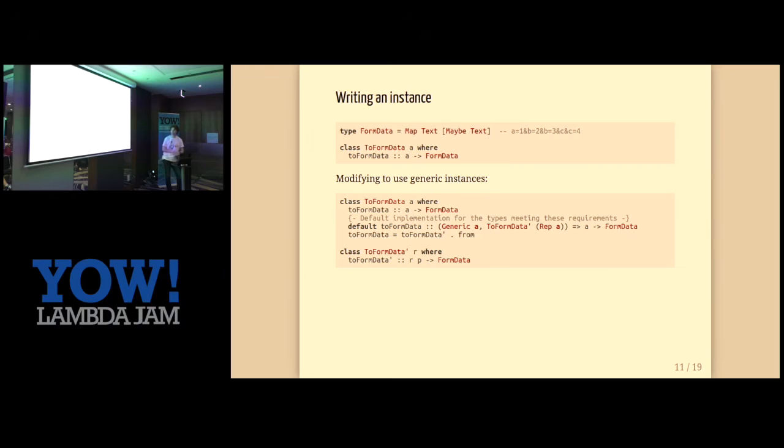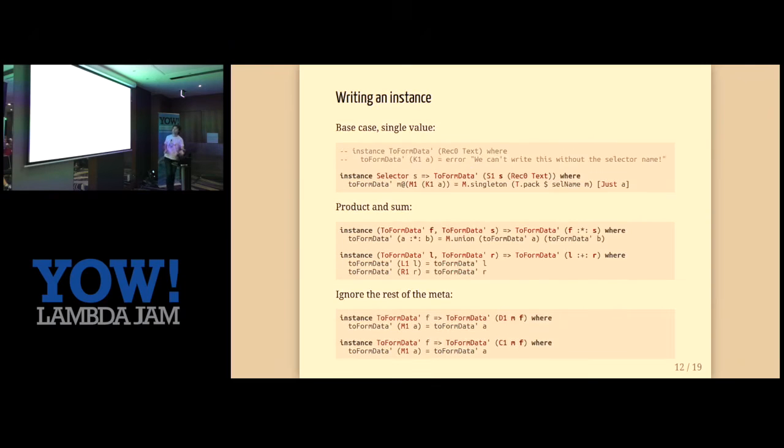So what do we need to write? All the instances that we now need to write will be instances of this helper type class, toFormData prime. And what we have to do is, okay, let's start with a single value. We can't start with a single value because we don't know about the selector name.